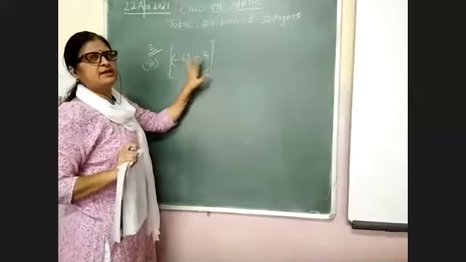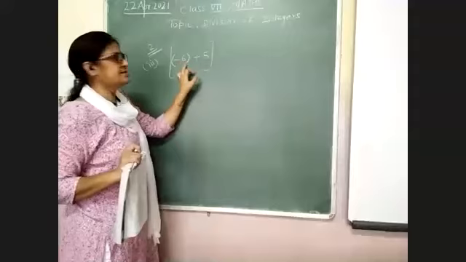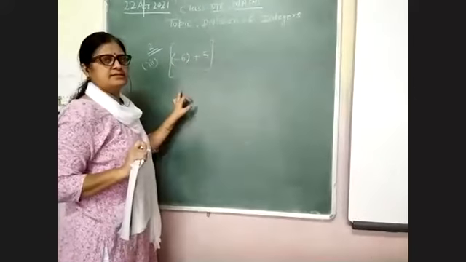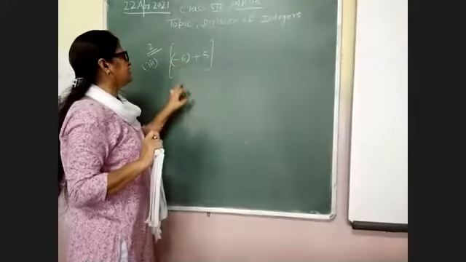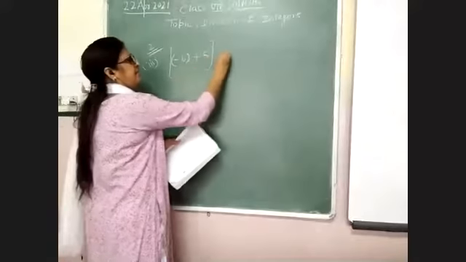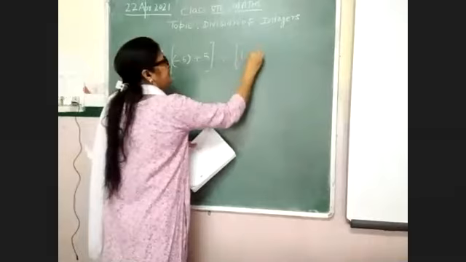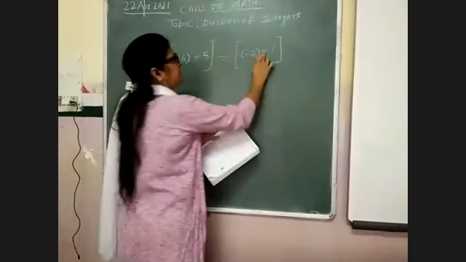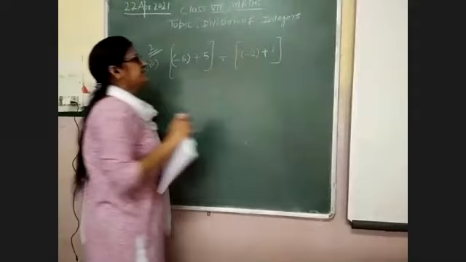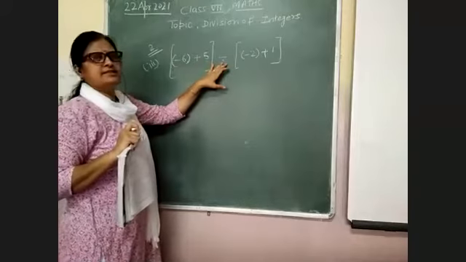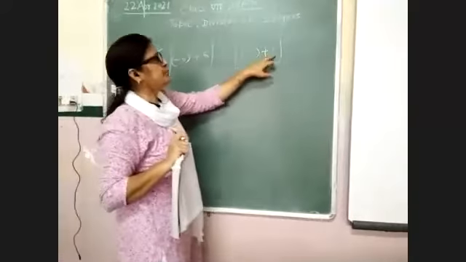Then the digits are subtracted and the sign is of the greater digit, which is minus. Okay? Always the sign is of the greater digit. And divided by the bracket minus 2 plus 1. In this bracket minus 6 plus 5, here the sign is negative.